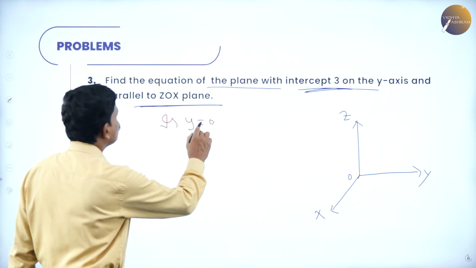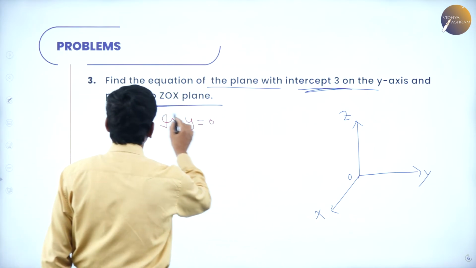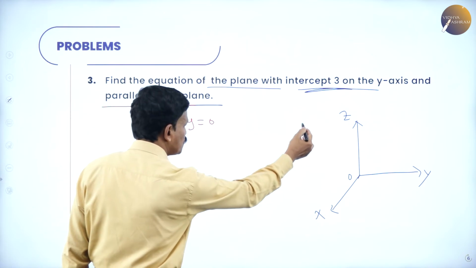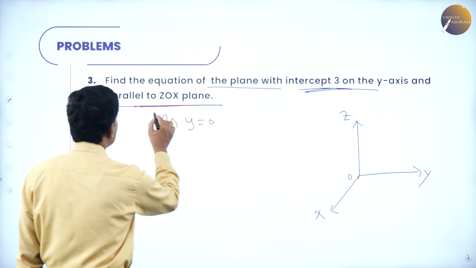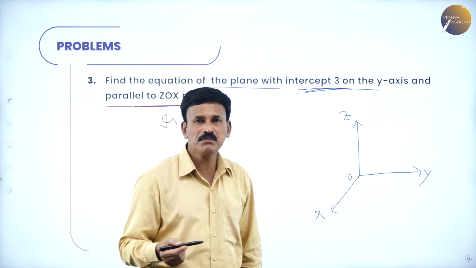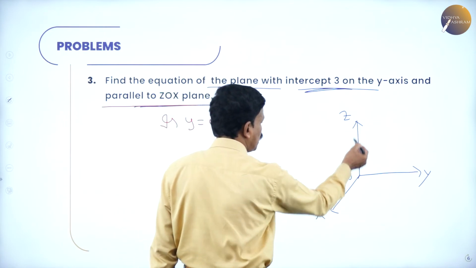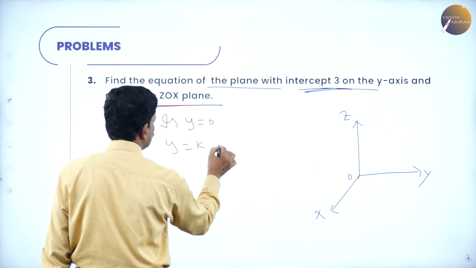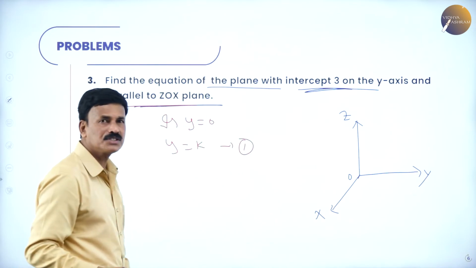Further, what is given? The plane is parallel to the ZOX plane. The equation of any plane parallel to the ZOX plane is given by y is equal to k. Let us represent this as equation number 1.